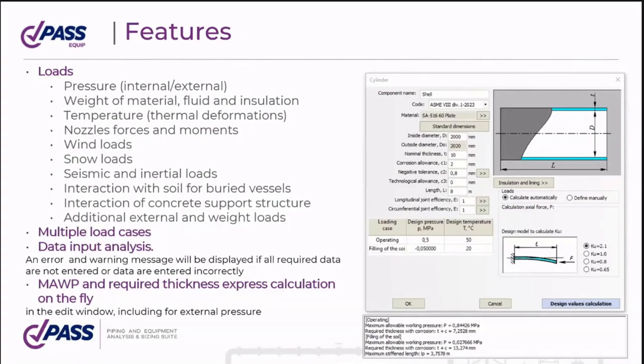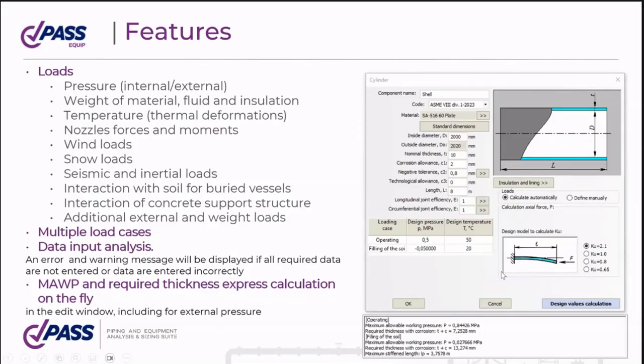So input data is smart, so the software checks all the data and gives you errors or warning messages that something is wrong or suspicious. And we also have on-the-fly analysis for required thickness or MAWP.